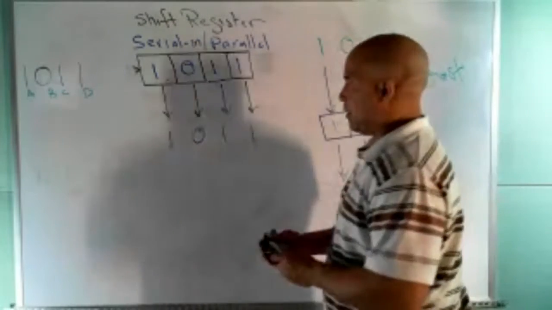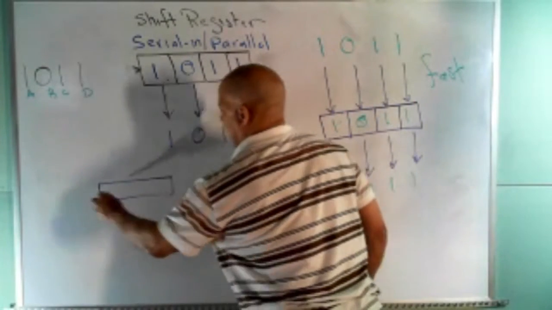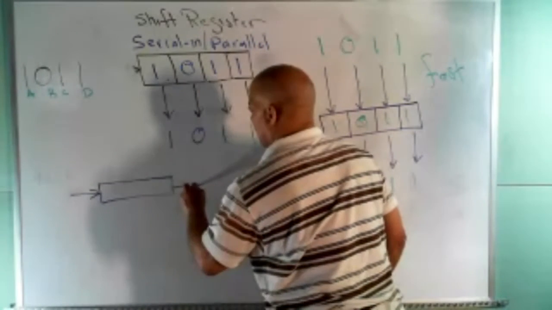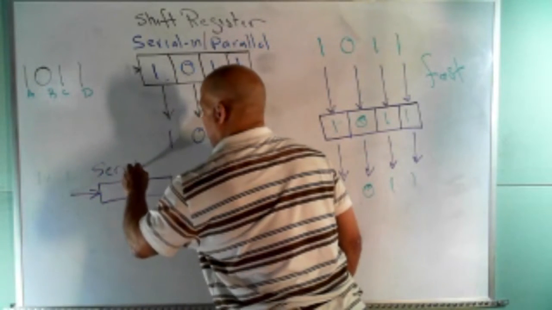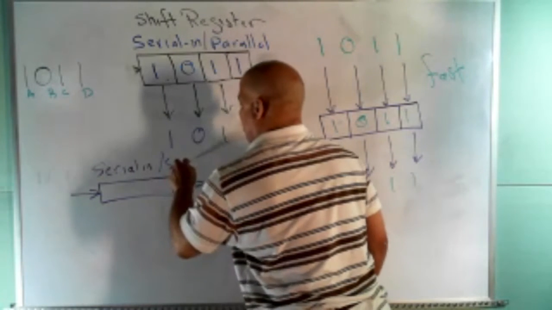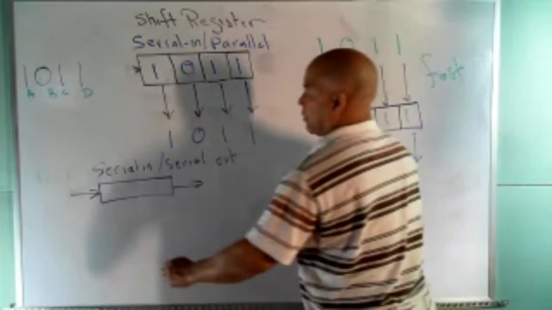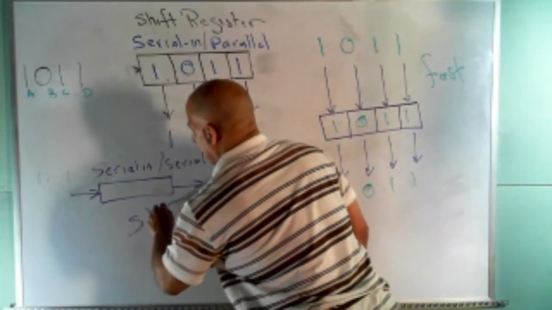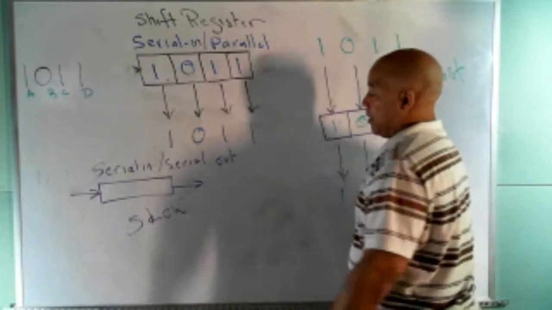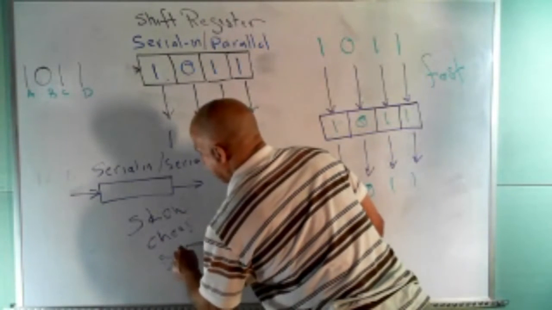So this is, of course, really fast. If I look at the extremes, on one end, I have this shift register. This is serial in, serial out. This is very, very slow, but it's cheap and it's simple.